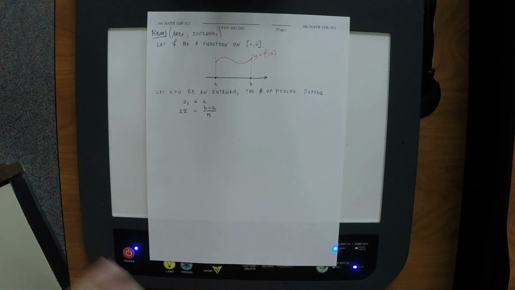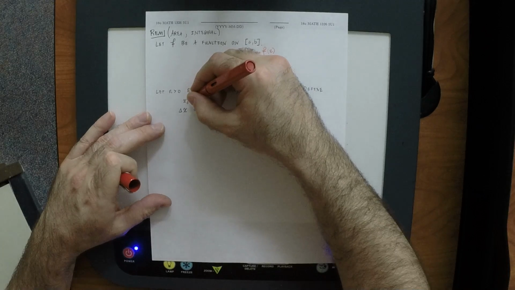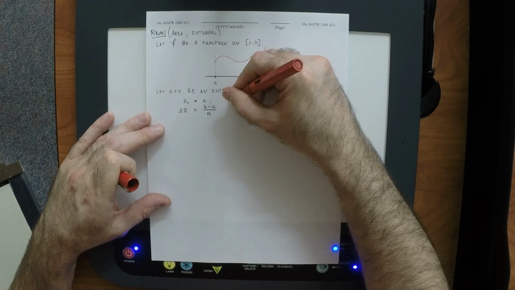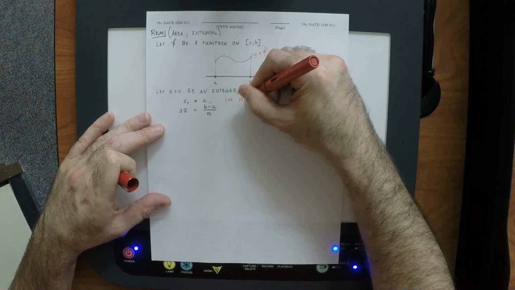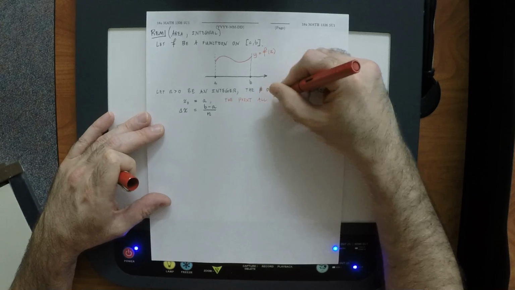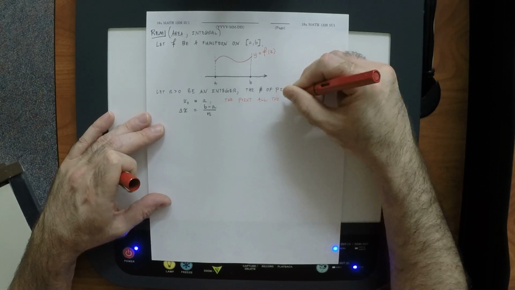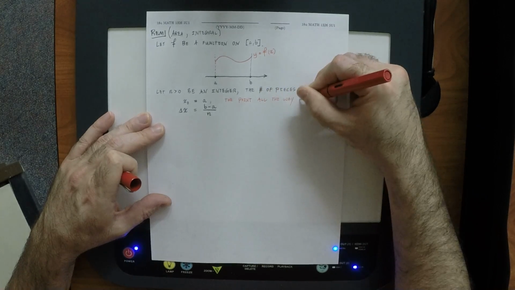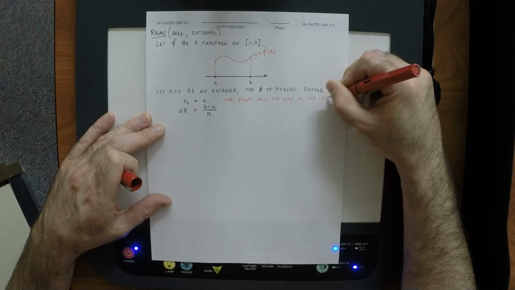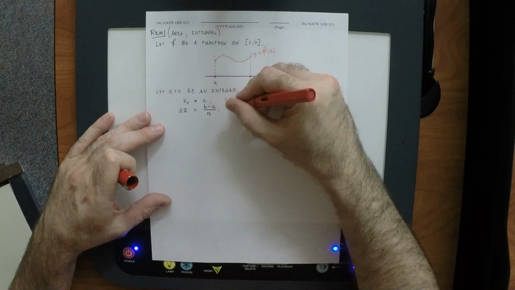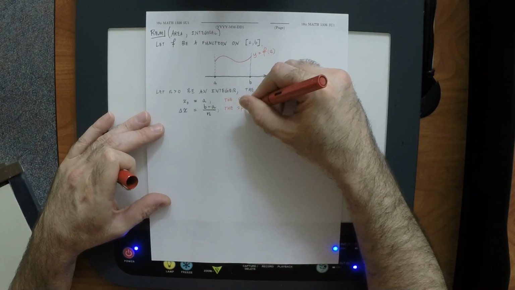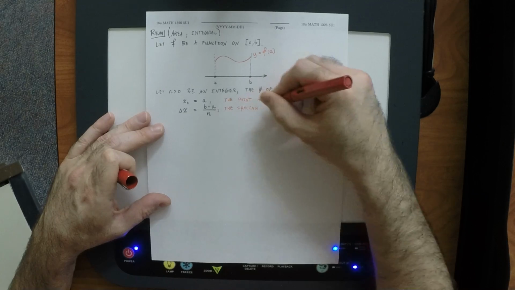So now, conceptually speaking, x0 is the point all the way to the left. You'll see what I mean in a moment. Delta x is the spacing between points. Again, you'll see what I mean in just a second.